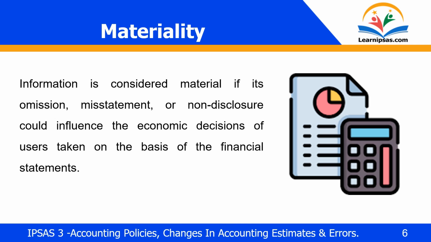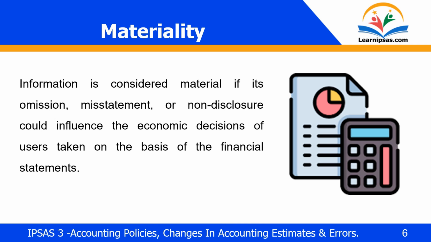The assessment of materiality involves judgment. It depends on the size or nature of the item or error or a combination of both. In the context of entity financial statements, only items or errors deemed material require change in the accounting policy or corrections to be applied retrospectively or prospectively.